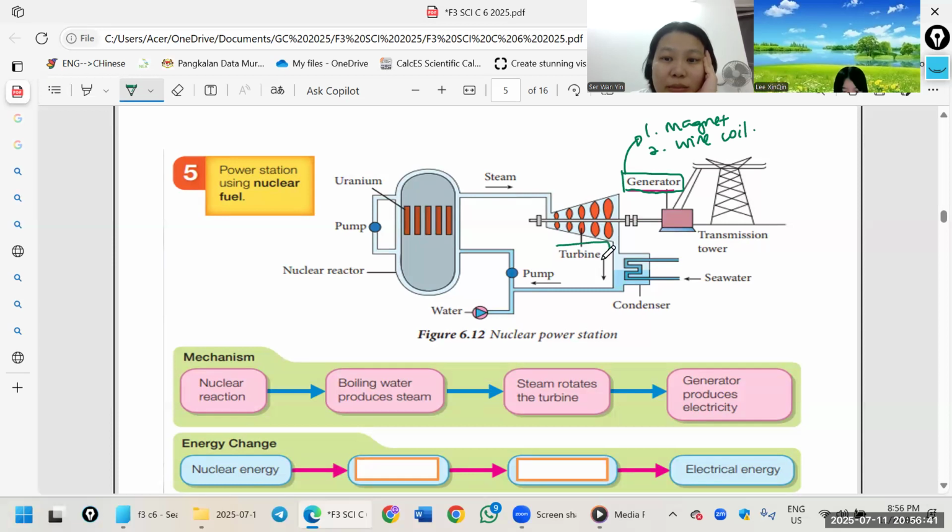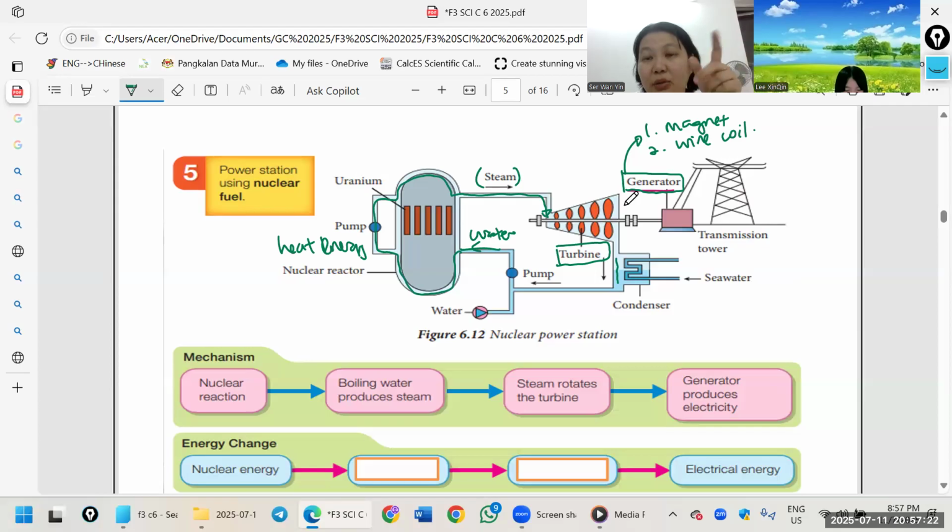Now we can see what the turbine looks like. We are using steam to turn the turbine. And we have a condenser. Normally we use seawater to cool it down. Then the water is pumped back into the nuclear reactor surrounded here. So actually the water is not in direct contact with the nuclear material. We just use the heat energy inside the nuclear reaction, absorb it and turn water into steam to turn the turbine.